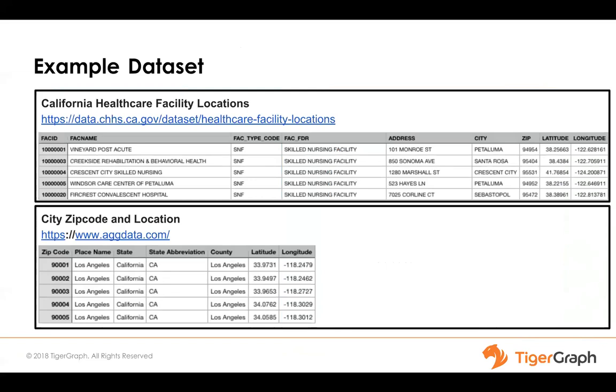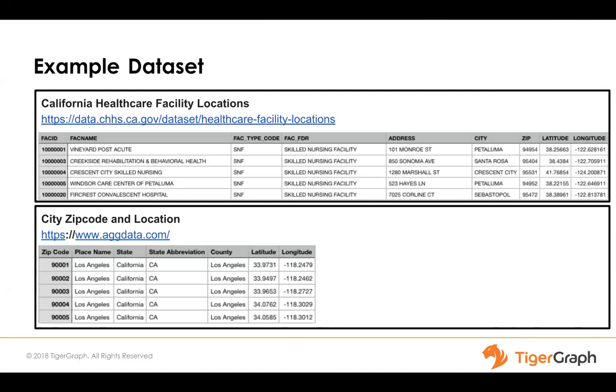The example solution has been implemented with these example data sets. One of them is California healthcare facility locations. It has all of the healthcare facilities in California, their locations, types, addresses, and other details. The other data we used is the city, zip code, and location.